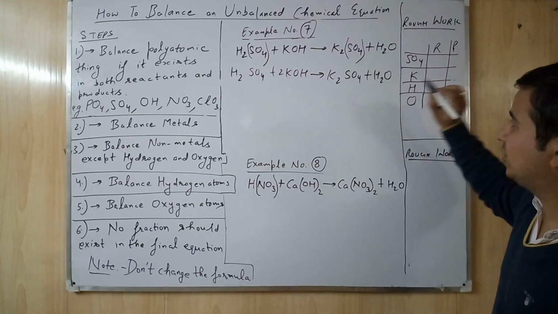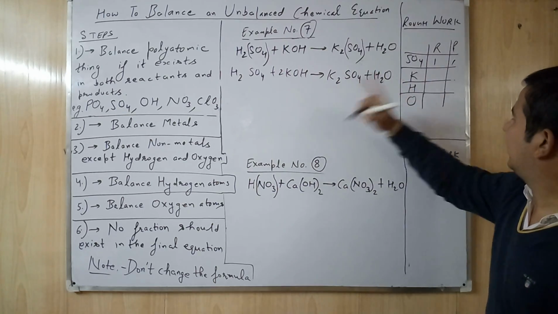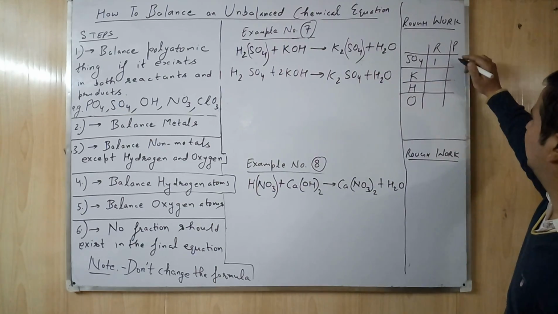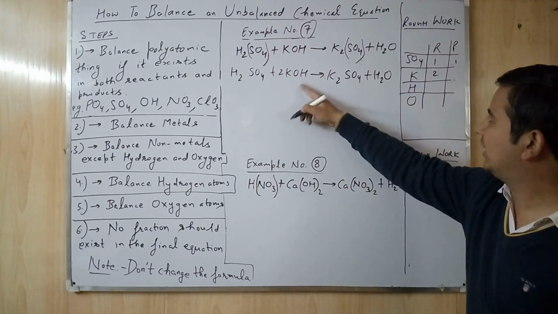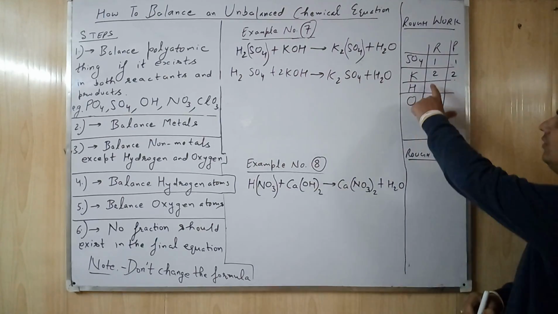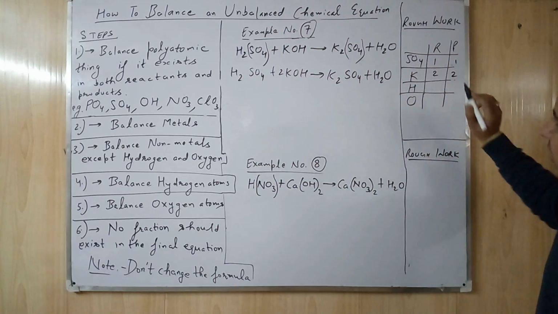Okay, so SO4, how many SO4s are there? One on the reactant, one on the product. Okay, so K, how many K's are there? 2 on the reactant side and 2 on the product side. It means the balancing of K has not unbalanced the SO4, so it is okay.